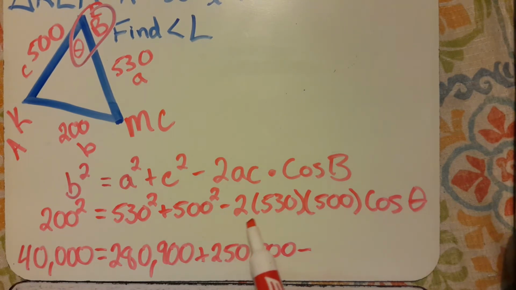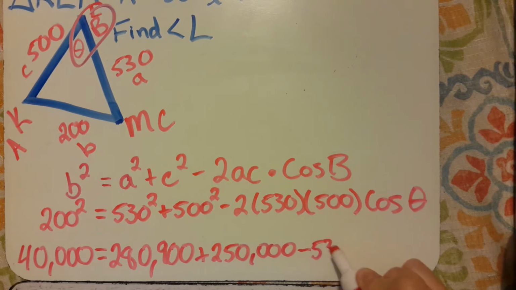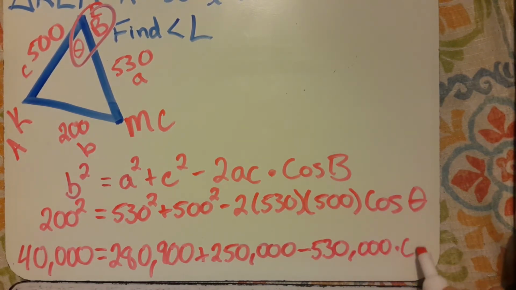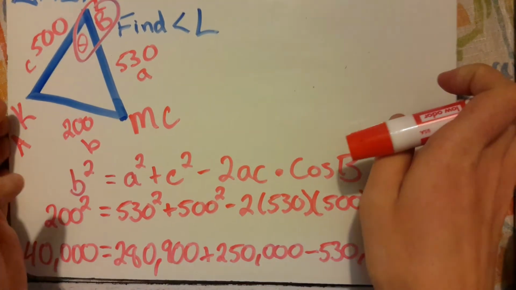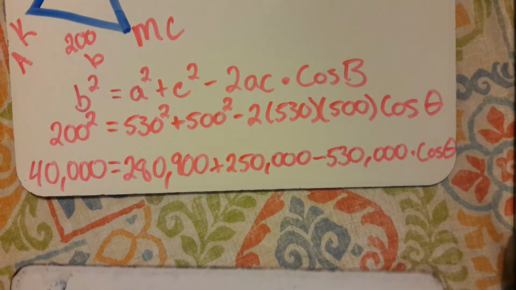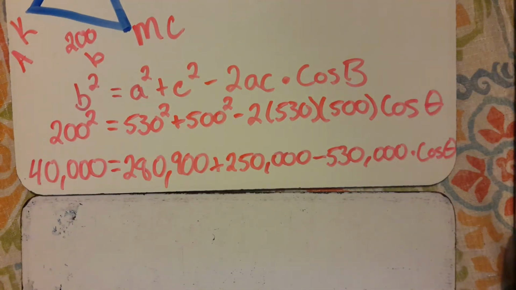Minus, I'm going to go ahead and multiply this, and that's going to be 530 times the cosine of theta. Squeeze that in. Okay, so then let's go ahead and maybe add this bit of information here.